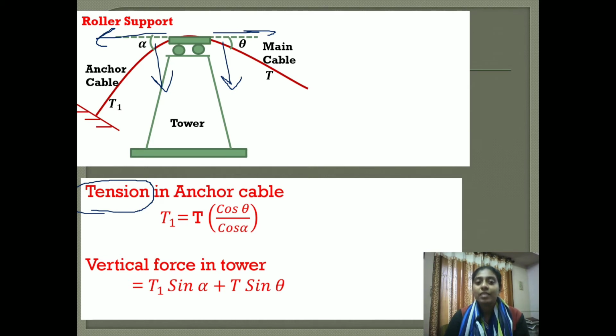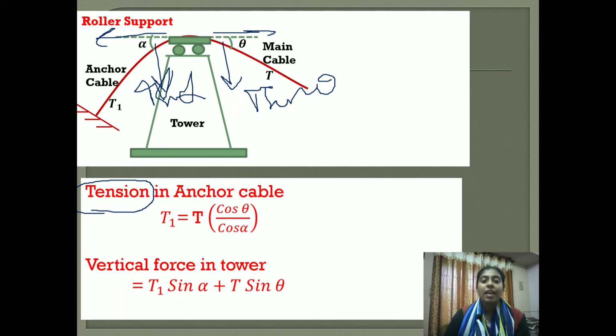So the vertical force is T1 sine alpha plus T sine theta. The tension in the anchor cable, T1, can be found by equating the horizontal forces, that is T1 cos alpha is equal to T cos theta, and the vertical force is T1 sine alpha plus T sine theta.